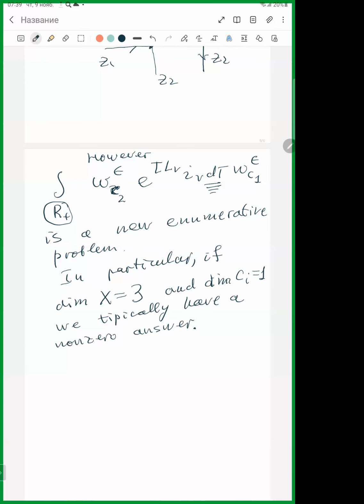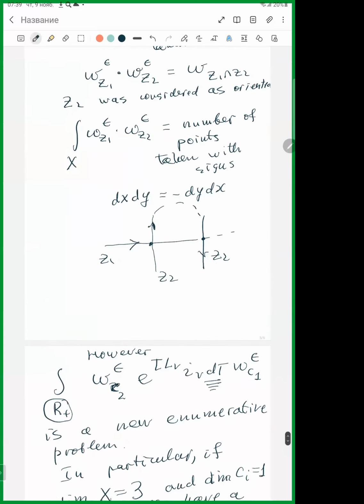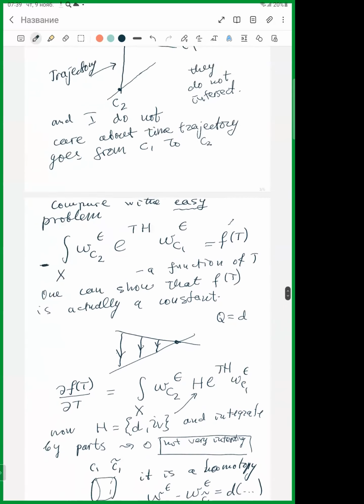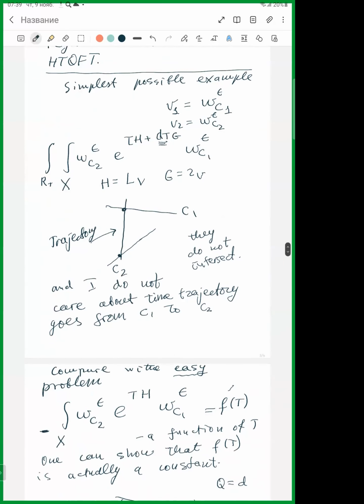And the meaning of this number is what I explained. Any trajectory. So it is a new number.